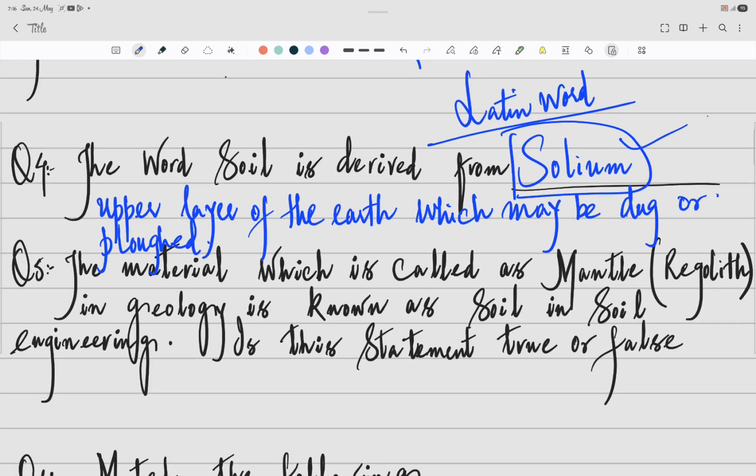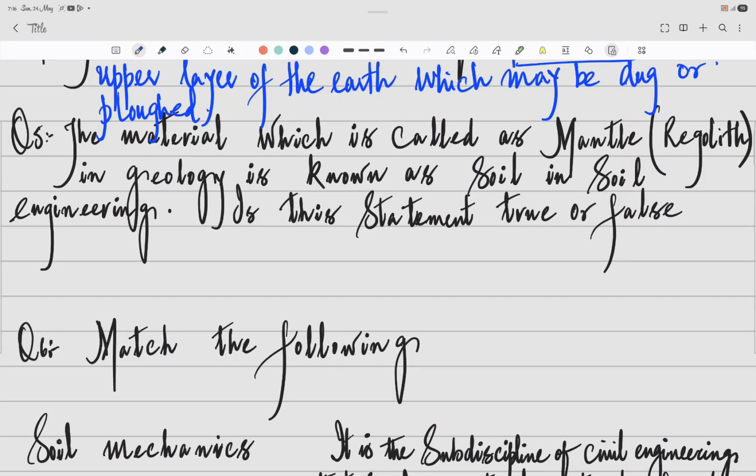Moving on, question number 5. The material which is called mantle or regolith in geology is known as soil in soil engineering. Is this statement true or false? This statement is true. We have various connotations for the subject soil or soil engineering.